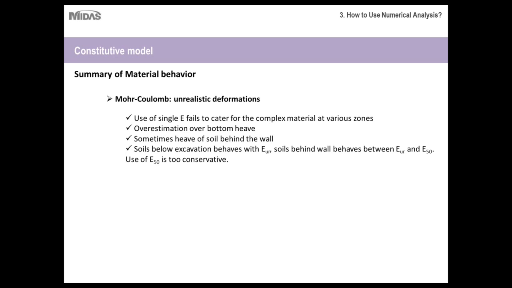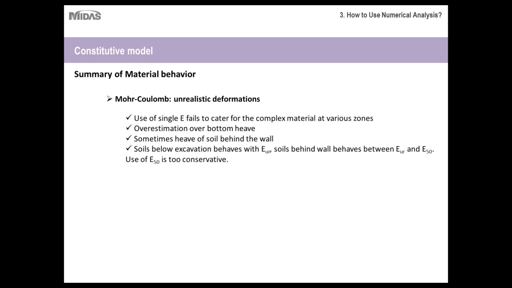It leads to overestimation of the bottom heave, and sometimes heave of the soil occurs behind the wall also, which is hard to account for. This is what Mohr-Coulomb does: if there is an unloading, then it will cause a huge heaving without even realizing that there is a wall to support it directly.